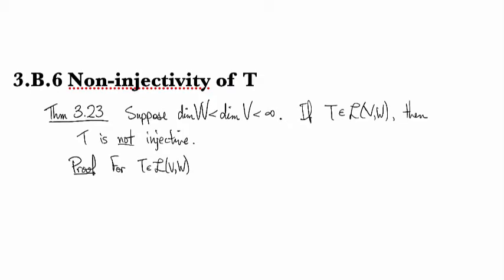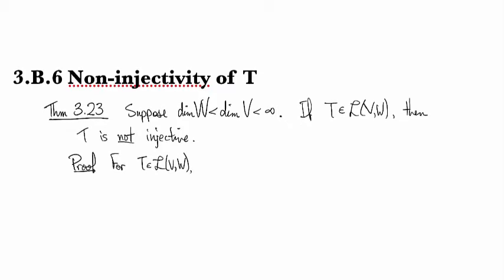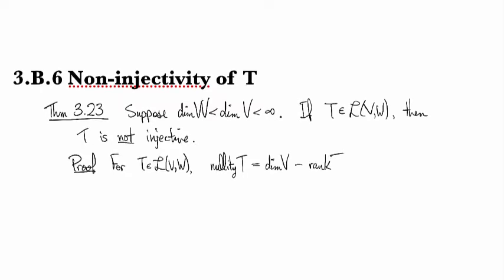So for a linear map T from V to W, if we solve for nullity in that equation, the nullity of T is going to be the dimension of V minus the rank of T. So that's by our rank nullity theorem.